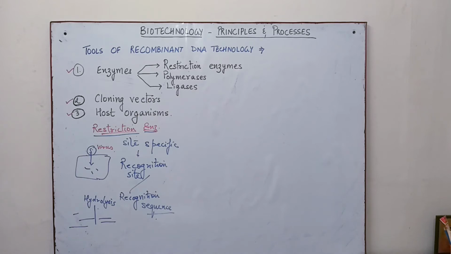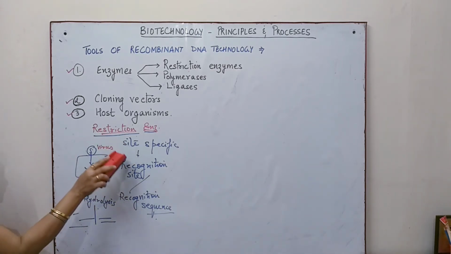So how does a bacterium prevent its own DNA from being degraded in this manner by the action of restriction enzymes? The prevention is done with the help of a specialized system. That is, it modifies its recognition sequence. What do we mean by that?